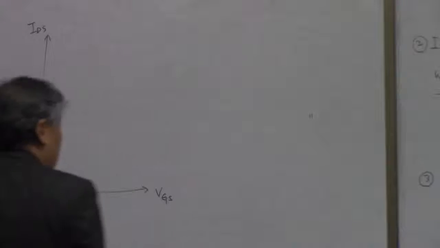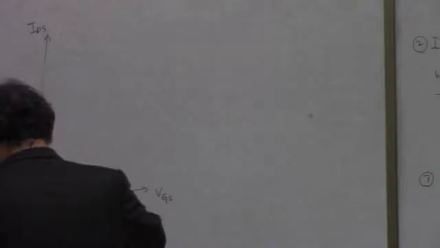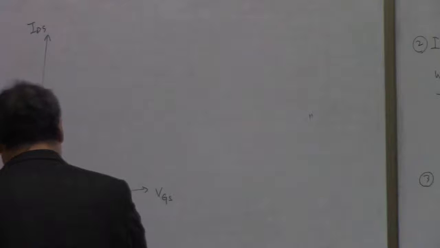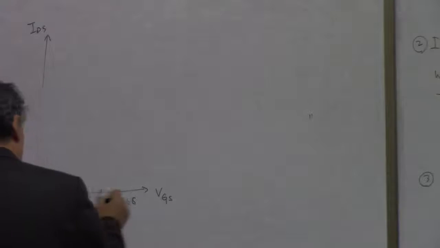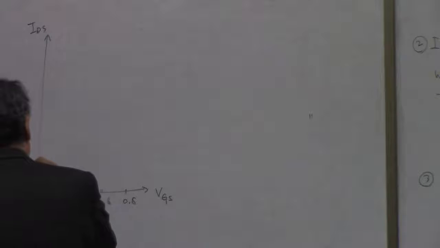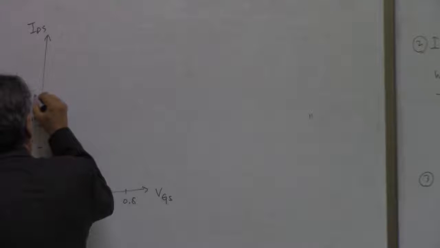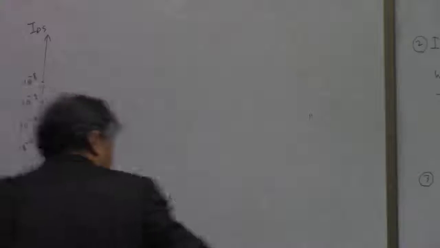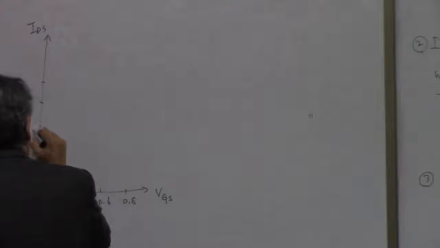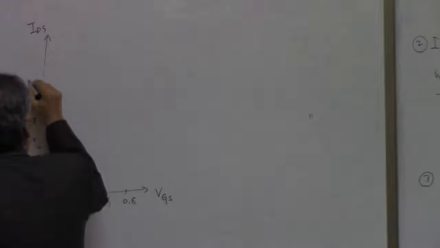So if you plot IDS, the sub-threshold current, with respect to the gate voltage, it has 0.2, 0.4, 0.6, 0.8, and 10 to the minus 10, 10 to the minus 8, 10 to the minus 6, 10 to the minus 4.